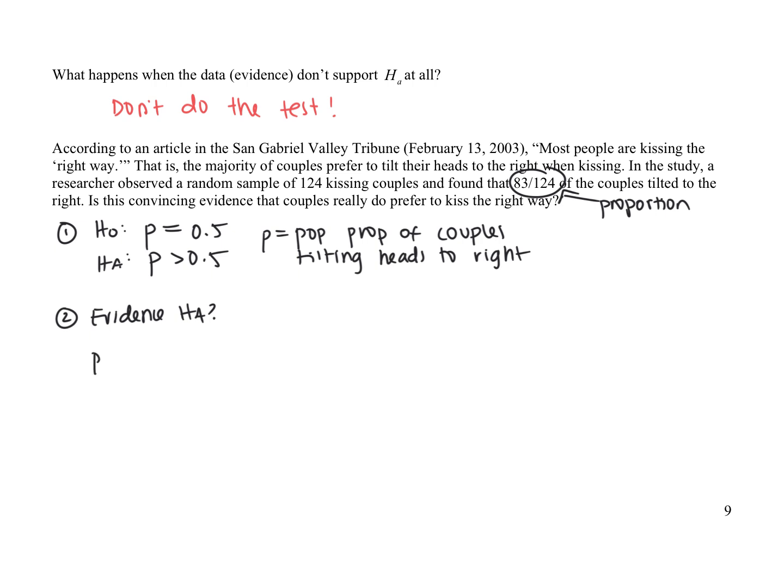Well, the sample proportion is 83 out of 124, which is about 0.669. If we compare that to the alternative, that is in fact greater than 0.5. So yes, we do have evidence for the alternative. The question is, do we have enough evidence?